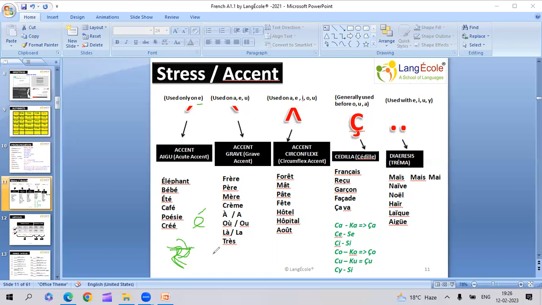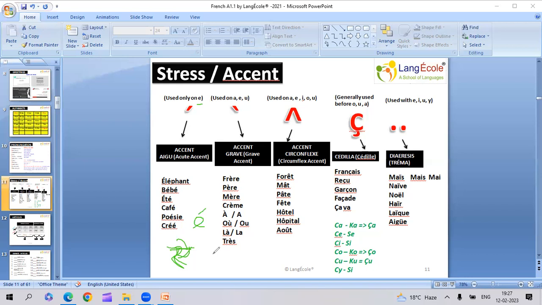Just one doubt here. When you put the accent, the last letters also would be pronounced for éléphant, like éléphant? Okay, bébé, été, yes, you are correct. As soon as this accent is put on, this doesn't remain a normal e. This forms a different alphabet now.